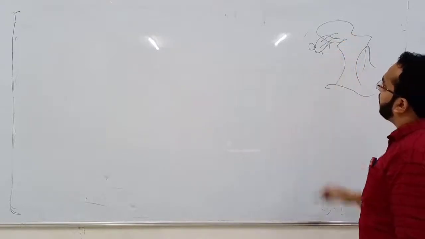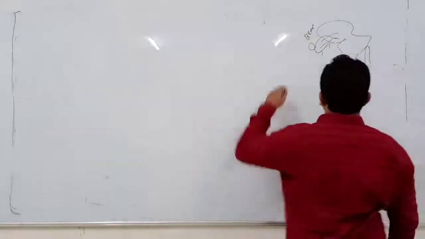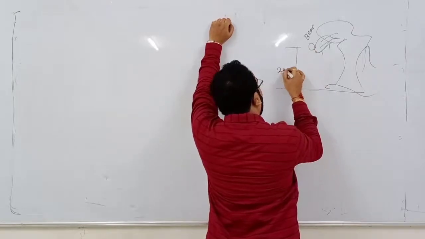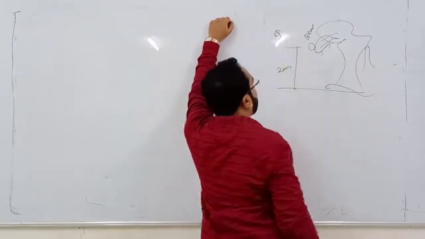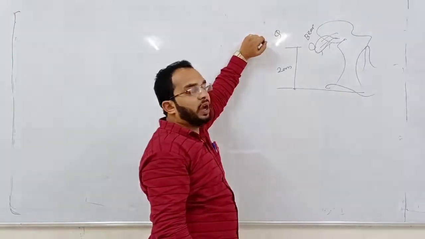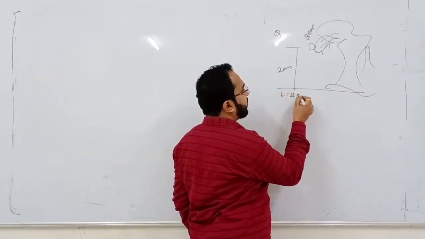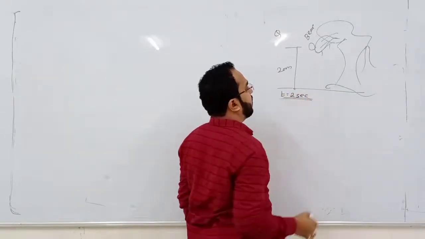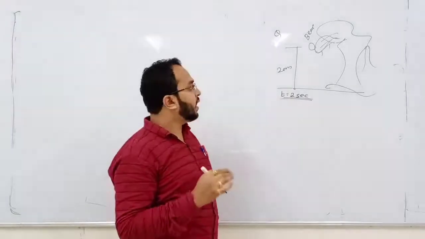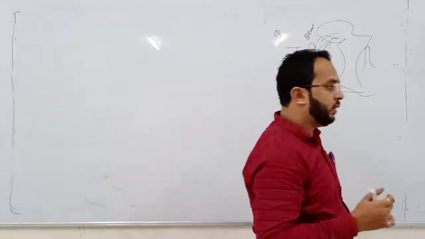The bear fell off the tree, which is 20 meters high. Write this question: a bear fell off the tree, which is 20 meters high, and it takes 2 seconds to reach the ground. It takes 2 seconds to reach the ground.